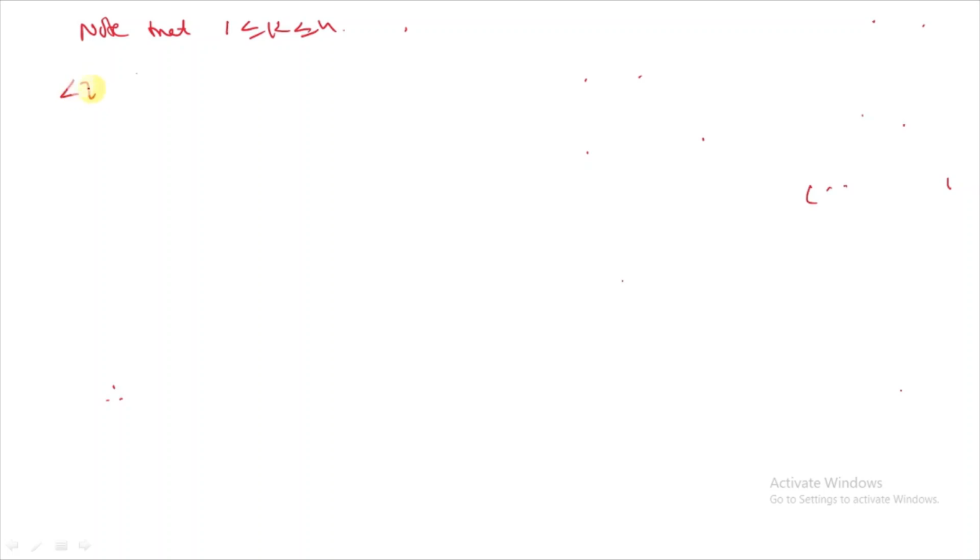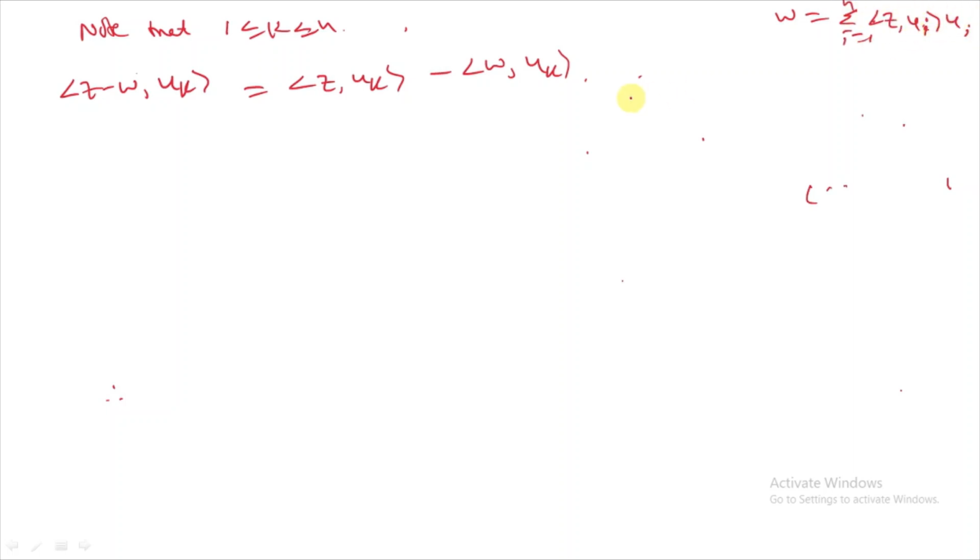So now Z minus W, take any vector UK. This equals Z comma UK minus W comma UK, where W is the summation i equal to 1 to n of Z comma Ui into Ui, the linear span of Ui.